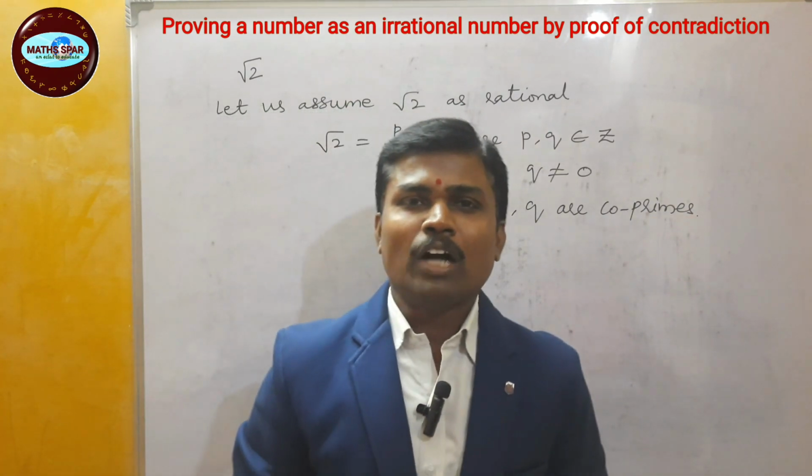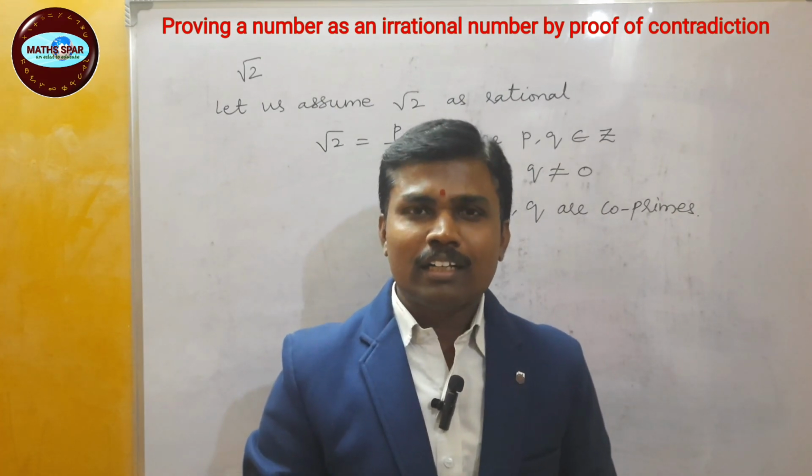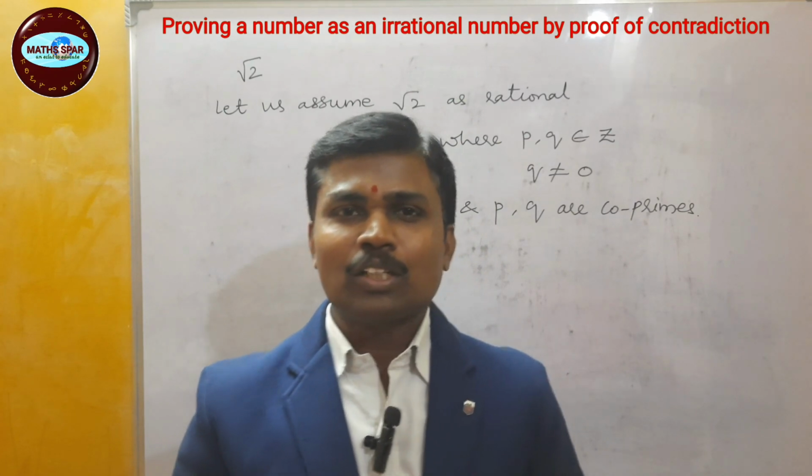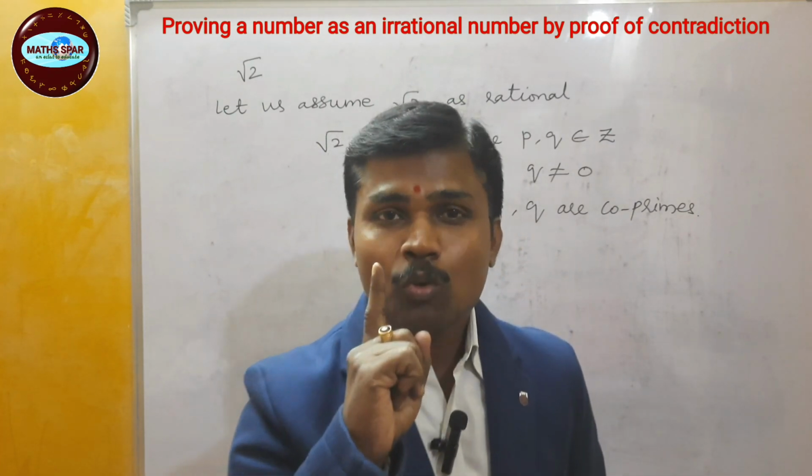So what do we mean by coprimes? Coprimes are numbers which have only one common factor, and that is 1.